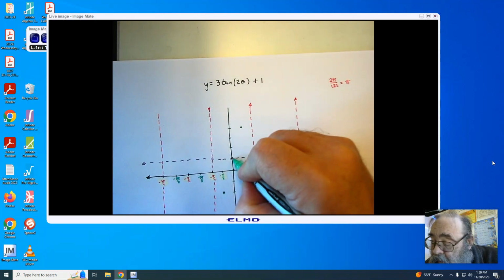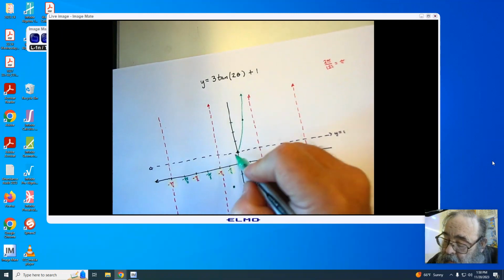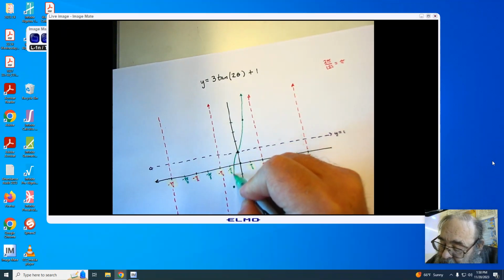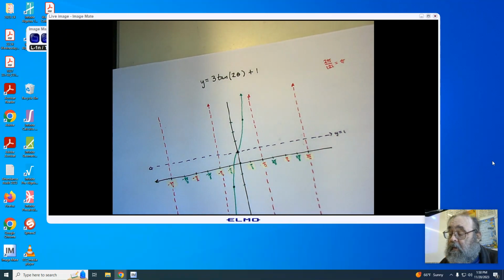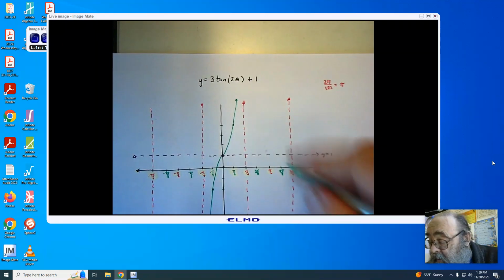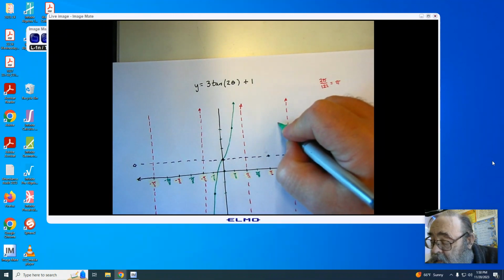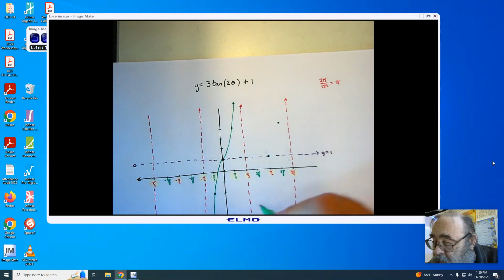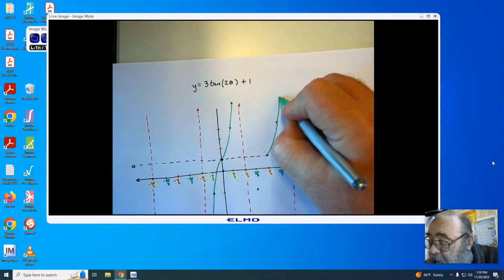Concave up to the right, heading toward the asymptote. Concave down to the left. And now we repeat the process. Concave up, then increasing.